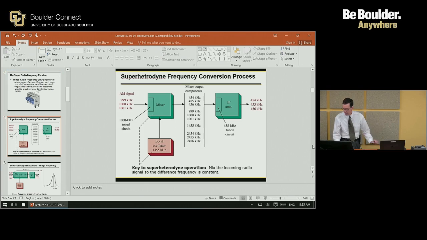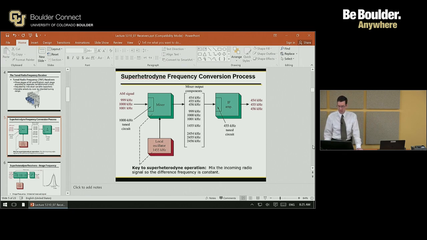Okay, so what would happen is your signal would come in. Let's say we've got a signal that's basically 1 kilohertz. That AM signal comes into the mixer. Then you've got this local oscillator down below, and that's being used to demodulate the signal. But what you'll notice is the dashed line there.